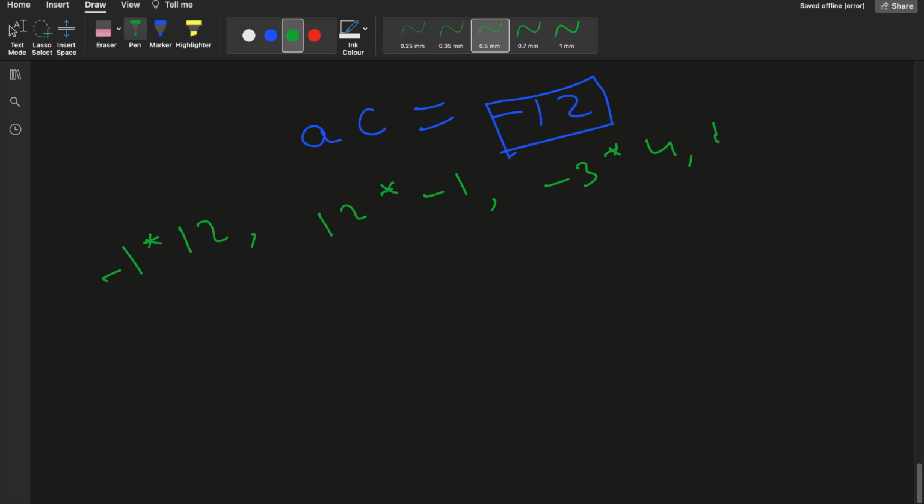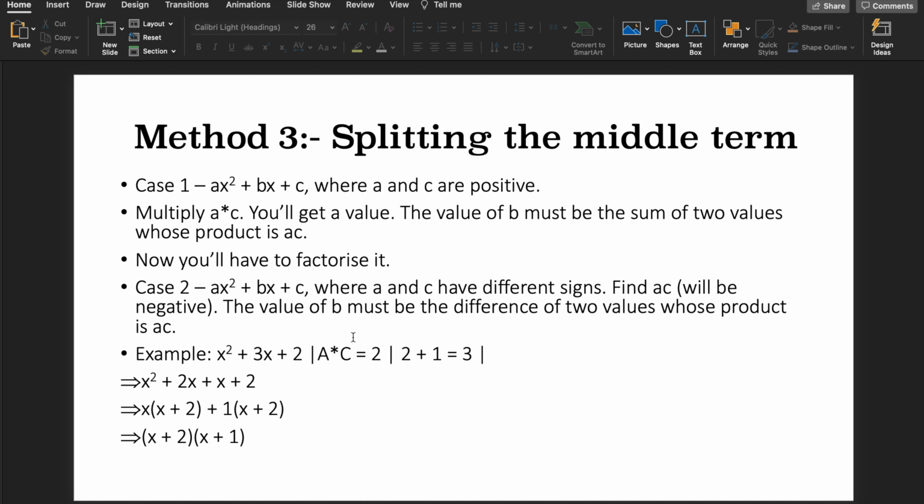We could write 4 into 3. And we could also write 2 into -6 or -2 into 6. So now we'll add these two. So this would be 11, this would be -11, this would be 1, this would be -1, this would be -4, this would be 4. Let's actually see how to solve these type of equations.